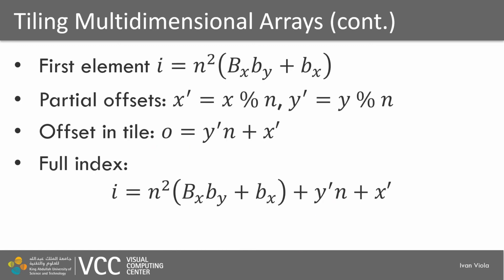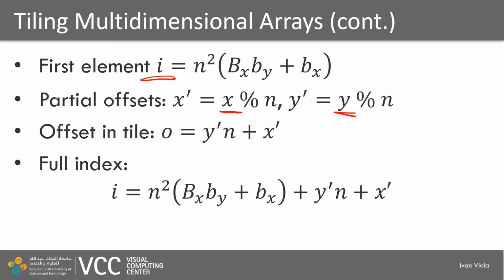And once we successfully calculate the first element within the brick, then we need the partial offsets in the brick in order to be able to address the correct x and y coordinates, which are given. So how do we get there?